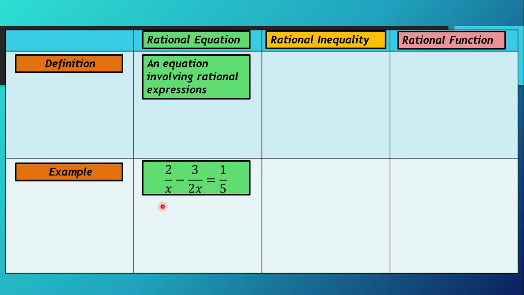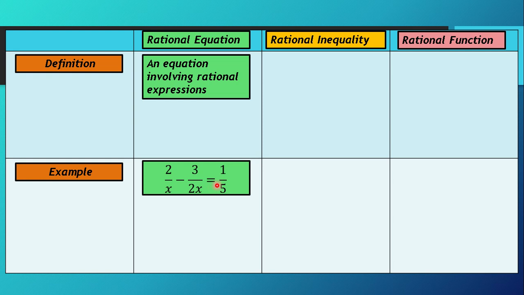So, paano natin nasabi na ito ay example ng rational equation? Kasi merong involved na rational expressions. Itong 2 over x at 3 over 2x, also 1 over 5 ay mga examples ng rational expressions. Ano pa yung proof natin that this is a rational equation?